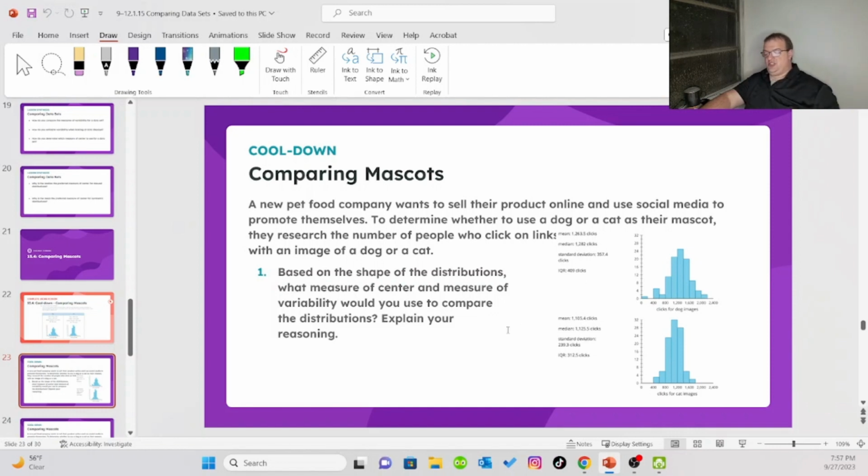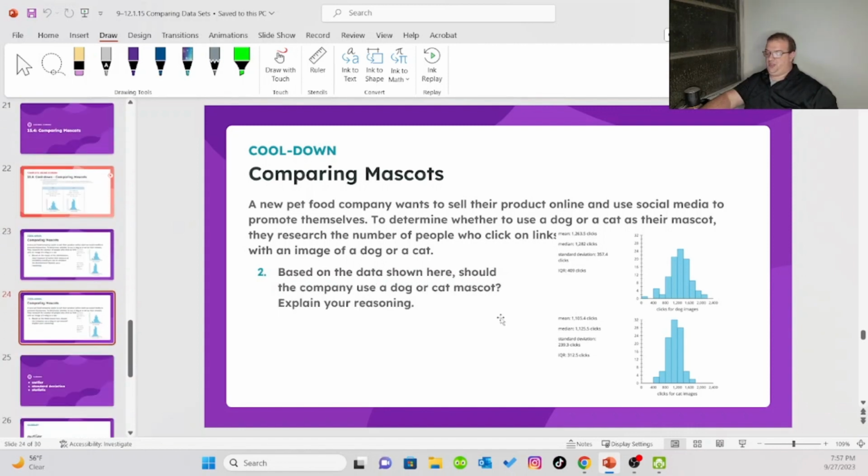It says, based on the shape of the distributions, what measure of center and measure of variability would you use to compare the distributions? And they want you to explain your reasoning. And then the second question says, based on the data shown here, should the company use a dog or a cat mascot? And they want you to explain your reasoning.